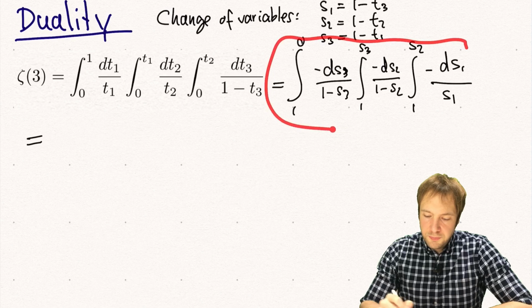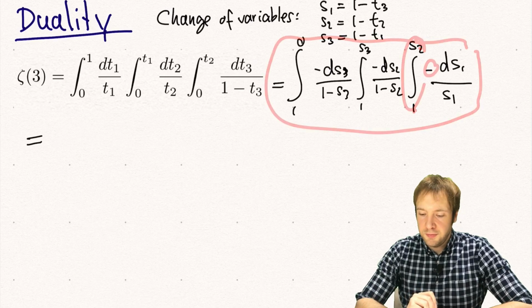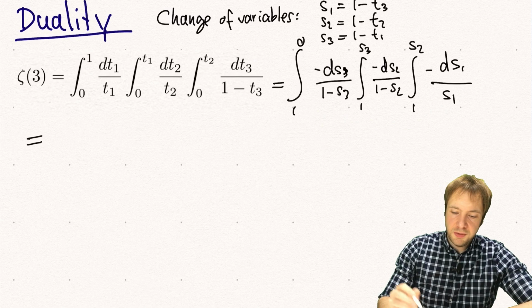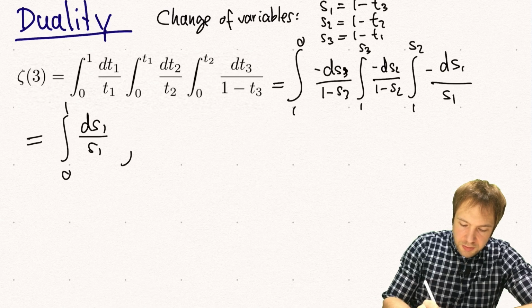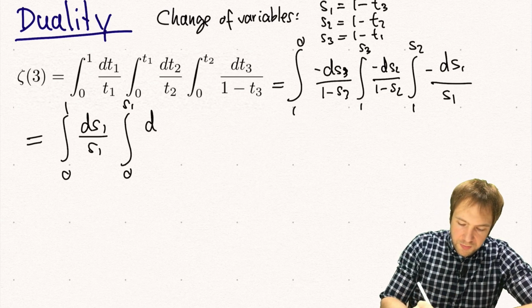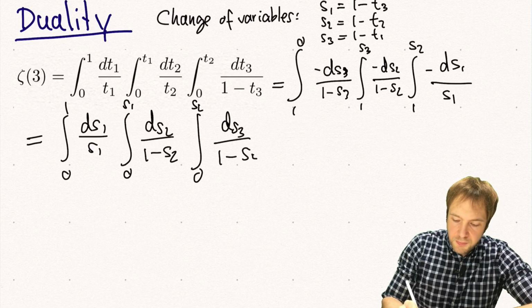So now changing the order of integration here, so instead of 1 going to s1, we go the other way, so we erase this minus sign, and we can also change this order of integration here. So we will have the integral from 0 to 1, ds1 over s1, 0 to s1 of ds2 over 1 minus s2, 0 to s2, ds3 over 1 minus s3.